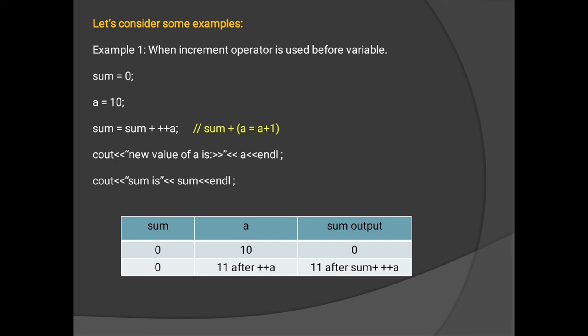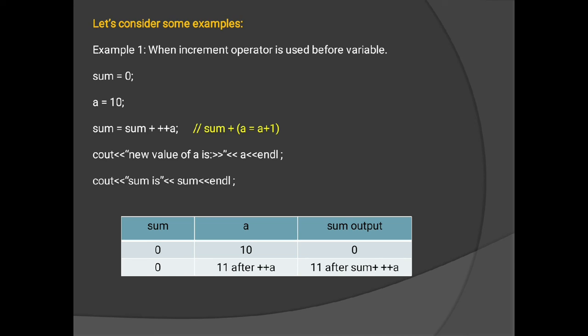So now you'll get the value of the new sum, that is 11. All right, so just see this table and compare it with the program in this example. In the prefix operator, the present value is added with 1, and whatever value you get from this expression will be the new value for that variable a.